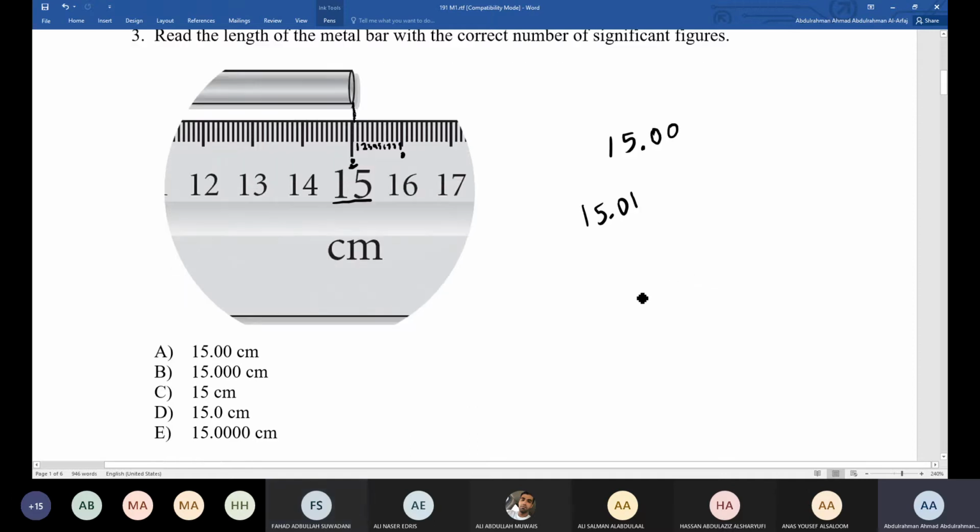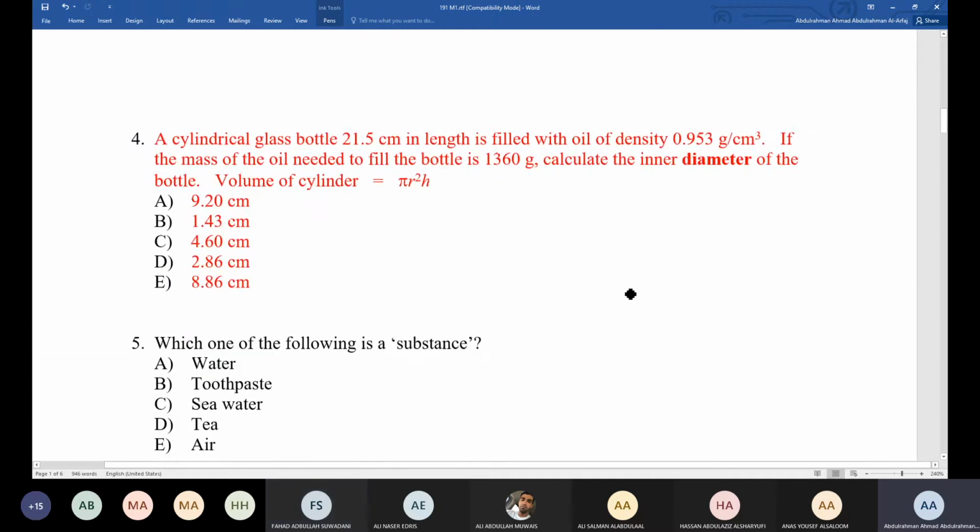Good. Let's go to the fourth question. A cylinder gas bottle 21.5 centimeter in length is filled with oil of density equal to 0.953. If the mass of oil needed to fill the bottle is 1360 grams, calculate the inner diameter of the bottle.